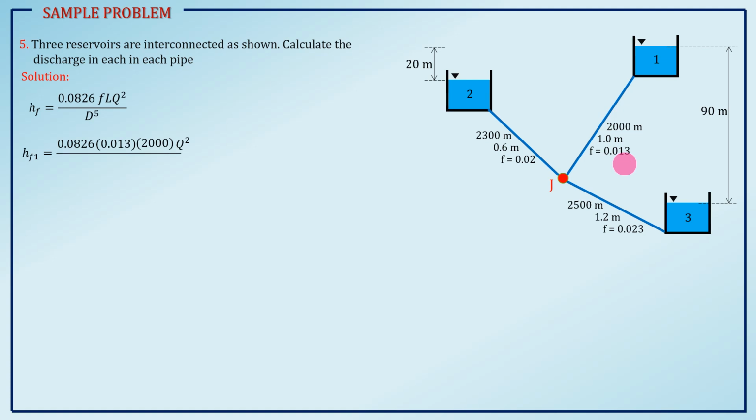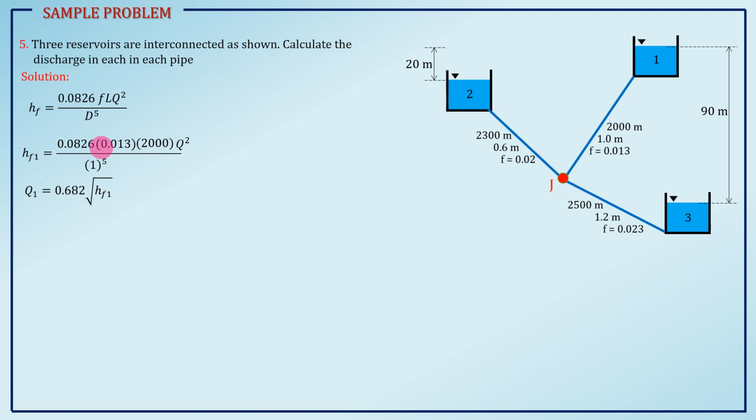And then, divide natin sa diameter na 1 meter. Ayan. So, we have Q1 is equal to 0.682 square root ng HF1. Ayan. So, sinimplify lang natin yung equation natin para mamaya, no, isa-substitute natin siya. So, equation ng Q with respect to the head loss.